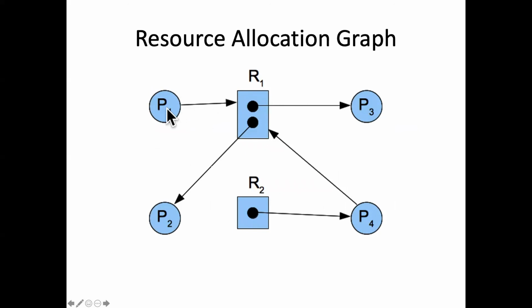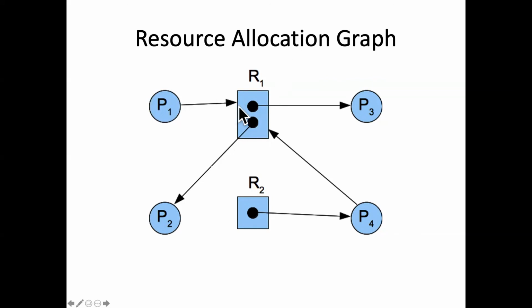It's an arrow from a process to a resource. Here I drew it to the resource itself, and I'll say this is the right way to do this, because if you ask for a resource, you don't care which instance you get. If resource 1 has 2 instances and P1 needs one of them, it's happy to get either of those. So this is a request edge.